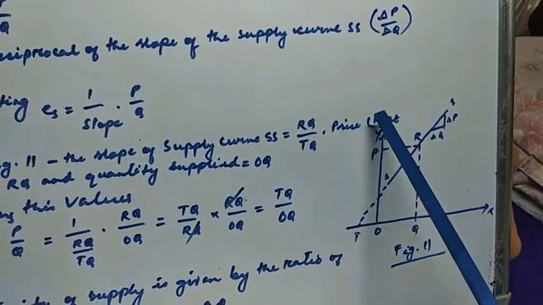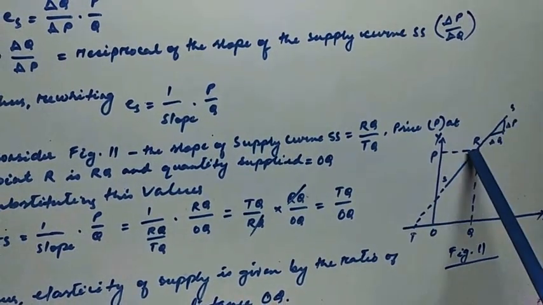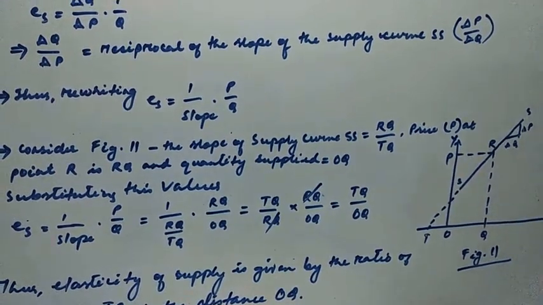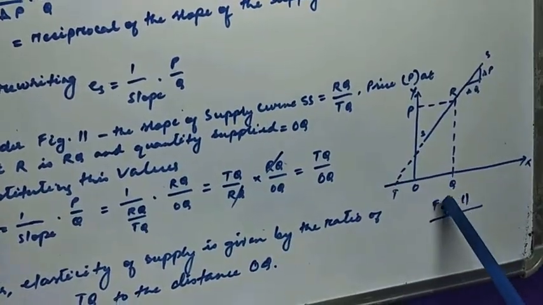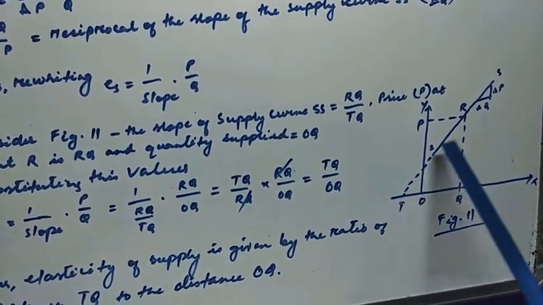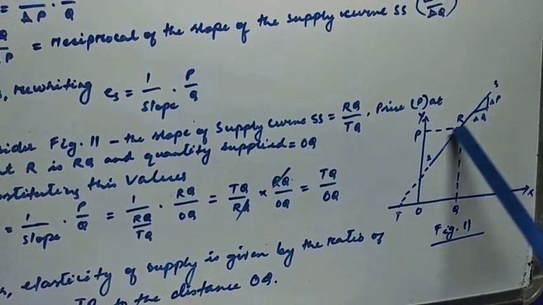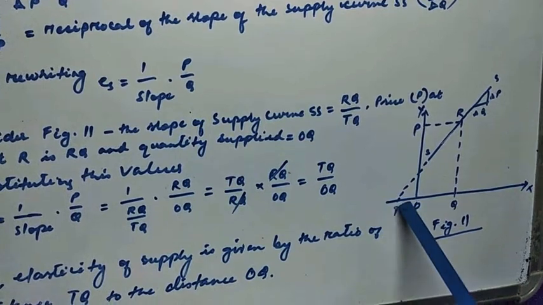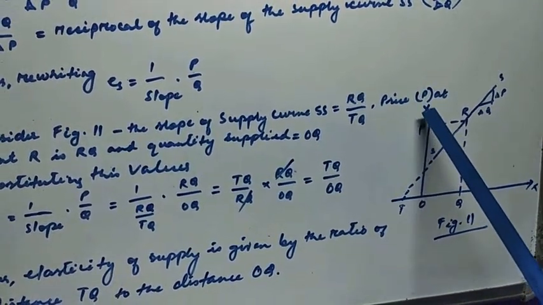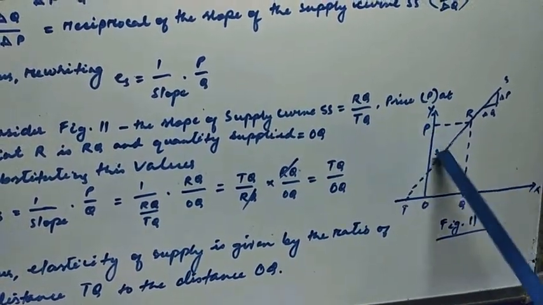So now we are considering this figure 11 again. Let me repeat. RQ and TQ is the slope of the supply curve SS when it is extended till the x-axis at point T. At price P on the point R, OP equals RQ.